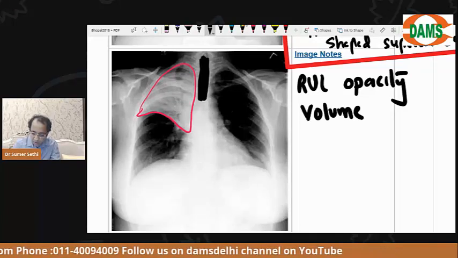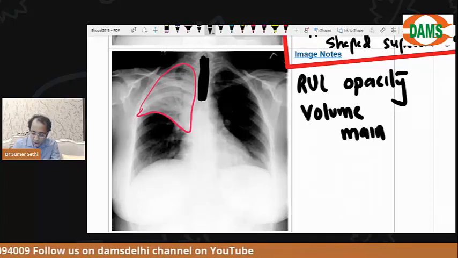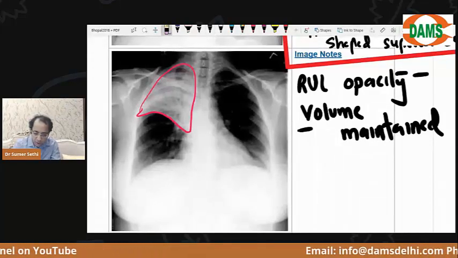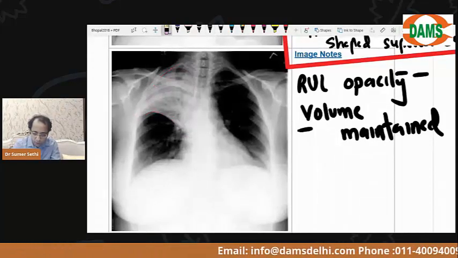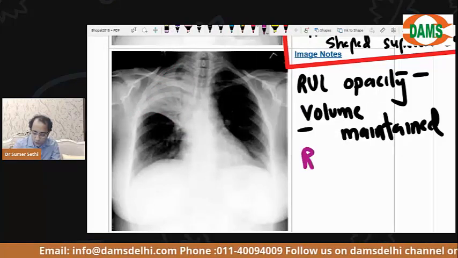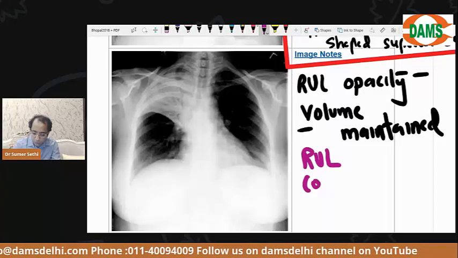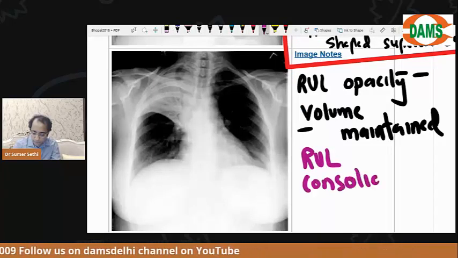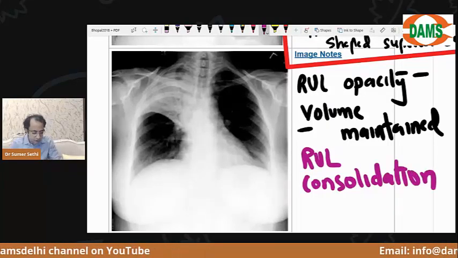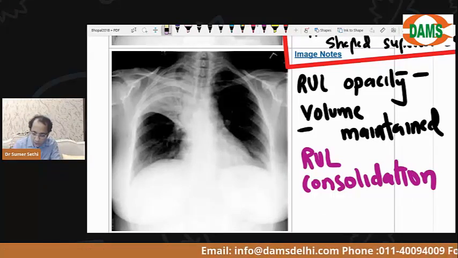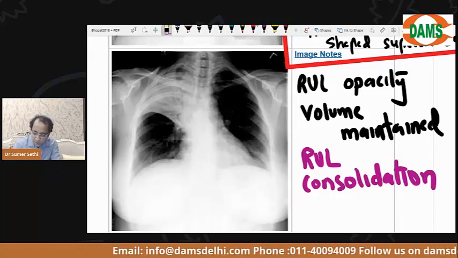The fissure is at its normal position and the trachea is central. What could it be? This is where we start using the term right upper lobe consolidation.